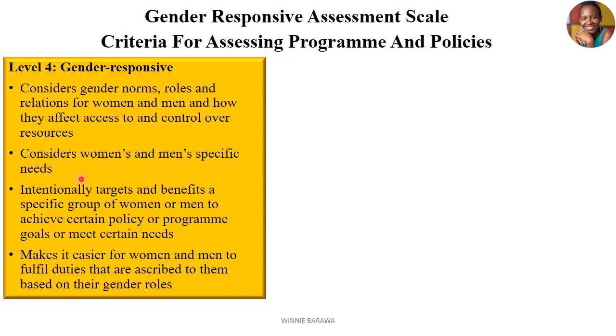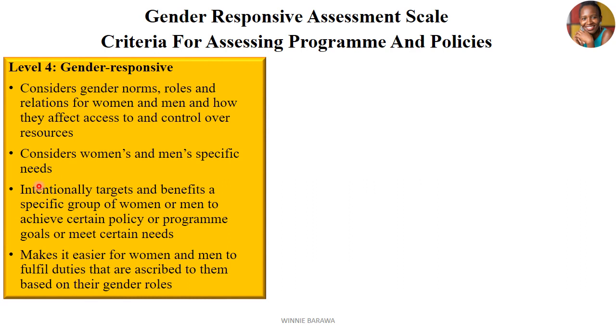So it considers women and men specific needs, with the intention that they want to see the targets and the benefits that a specific group of women or men achieve. So this gender responsive project wants to see the benefits, the targets, and how this certain policy or program meets the needs of this particular gender.